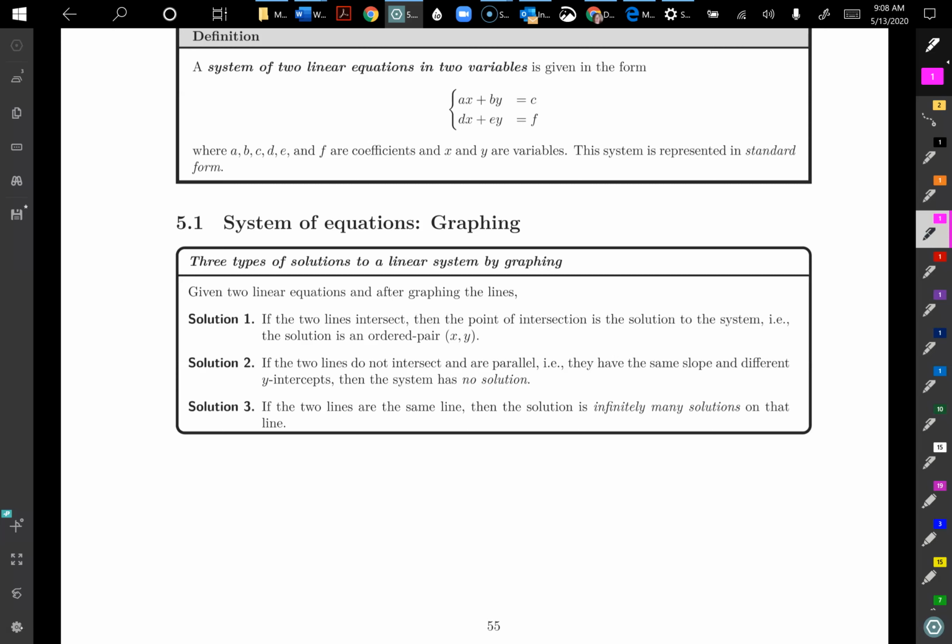Now let's get down to the nitty gritty. We're going to graph one line first, and connect the dots. Don't forget to do that. I did notice some of you aren't always connecting dots. Definitely have to do that on this.